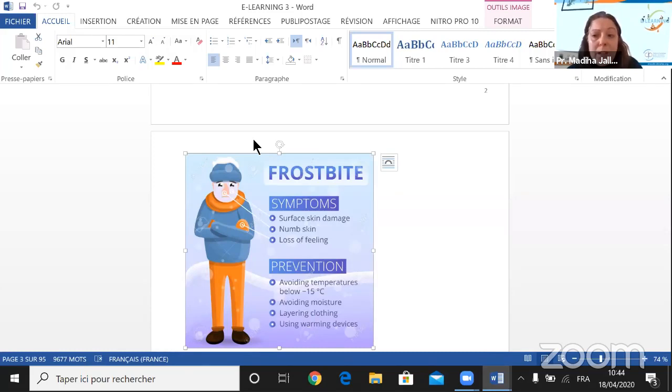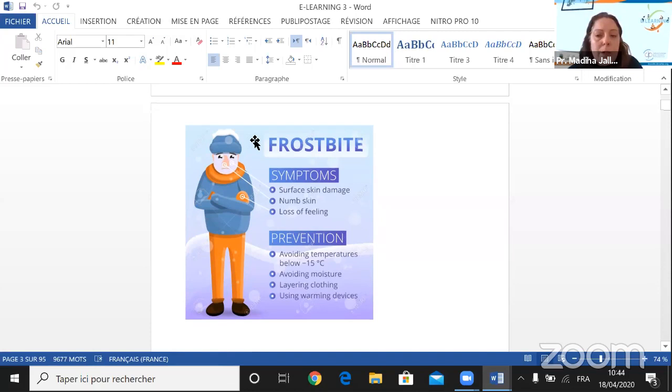If you want to protect yourself from frostbite, what do you do? Let's see the prevention. You have to avoid these temperatures. Avoiding moisture means avoiding humidity.